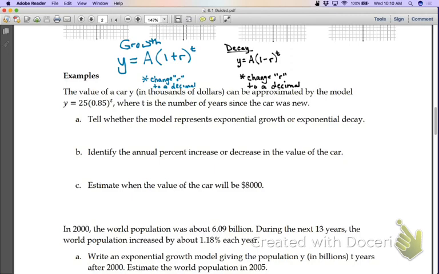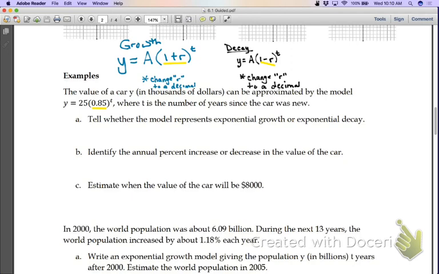So from here it talks about the car. If this number that we're dealing with as far as my base, so this 0.85, so if whatever's inside the parenthesis, if your original value is at 100% of its value, or 1. If now we're at 0.85, did we lose money or did we gain money?